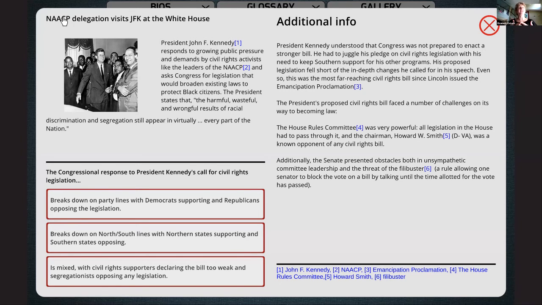So often when we teach things, we start with Rosa Parks and the Montgomery bus boycott. We move to Martin Luther King and the assassination of King. And we talk about all those things, right? And then we talk about the civil rights legislation and the Voting Rights Act. And I think a lot of times what students don't see is how interconnected these are.